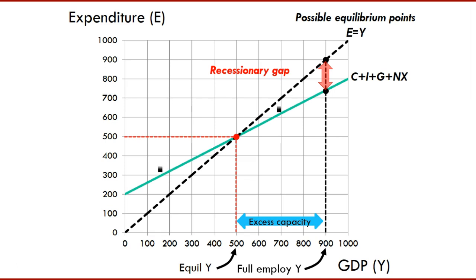Well, we have to push up the total expenditure in the economy. And remember, total expenditure is composed of these four components: C plus I plus G plus NX, consumption expenditure, investment expenditure, government expenditure, and net exports. So we would have to push one or more of those components up, increase them.